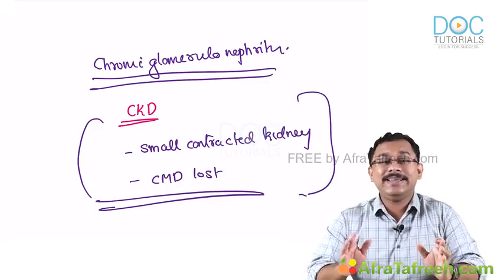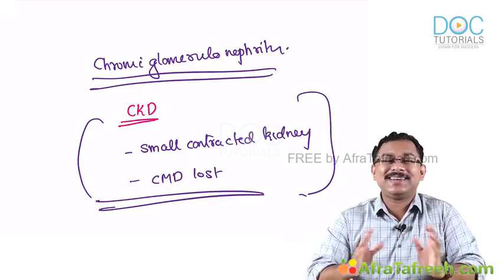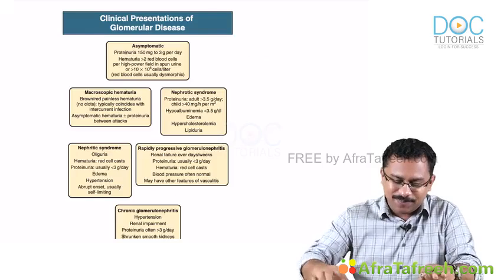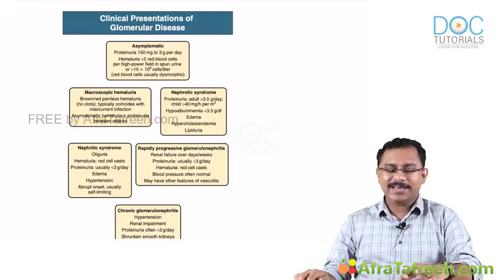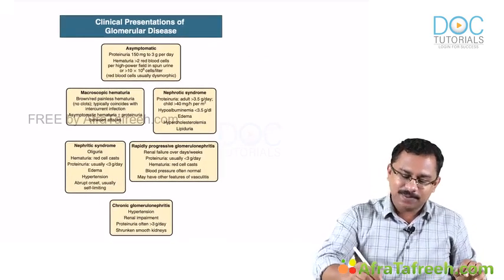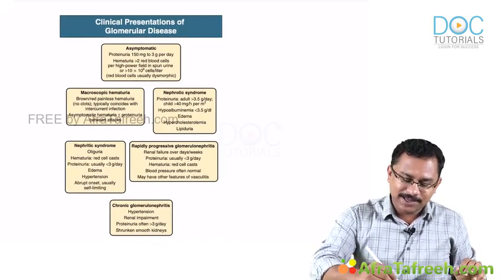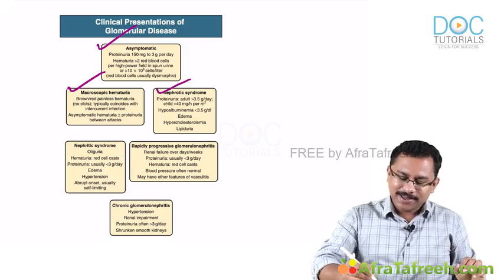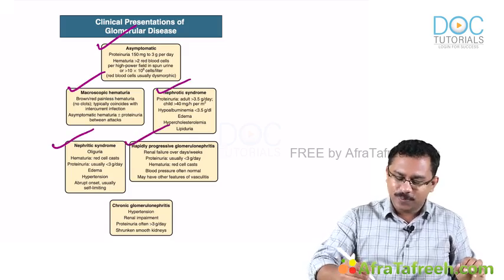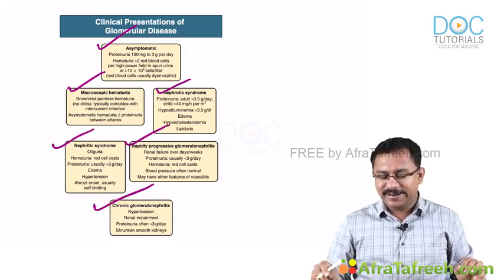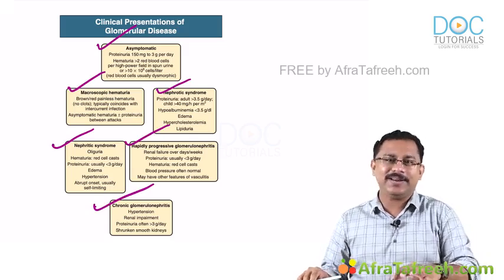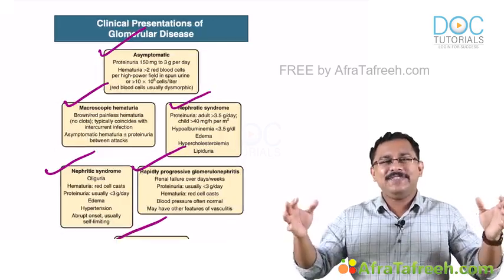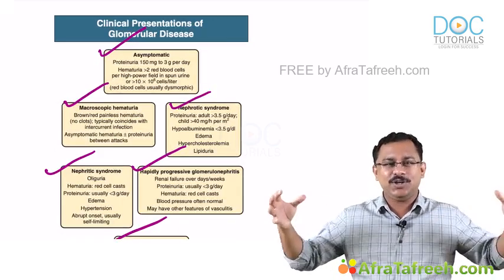So these are the 6 clinical presentations of your glomerular disorders. So just to sum up, the clinical presentations of glomerular disease: it may be asymptomatic, macroscopic hematuria, nephrotic syndrome, nephritic syndrome, rapidly progressive glomerulonephritis, and chronic glomerulonephritis. So these are the clinical presentations of the various glomerular disorders that you are going to see.